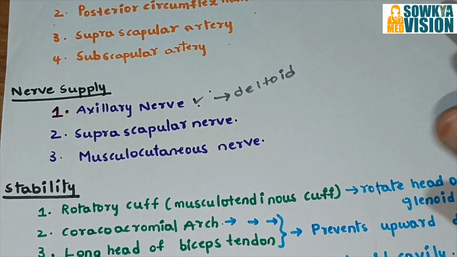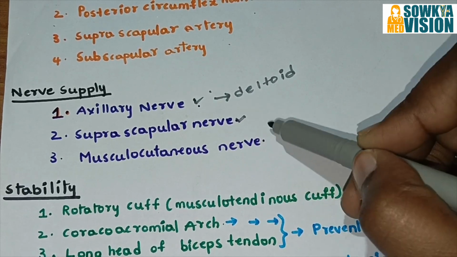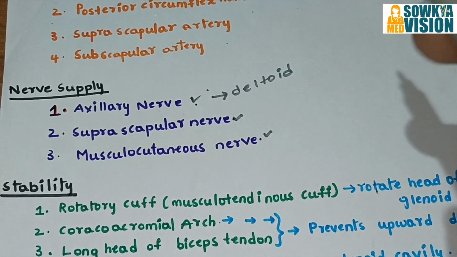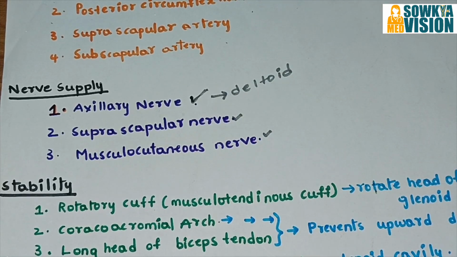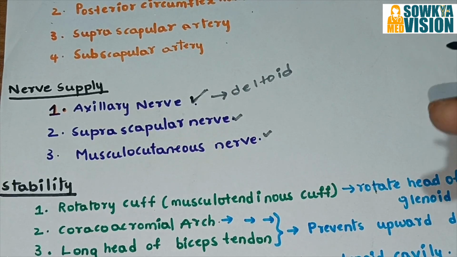Apart from the axillary nerve, it is also supplied by the suprascapular nerve and musculocutaneous nerve. But you have to remember the axillary nerve majorly, which is involved in the nerve supply to the shoulder joint.